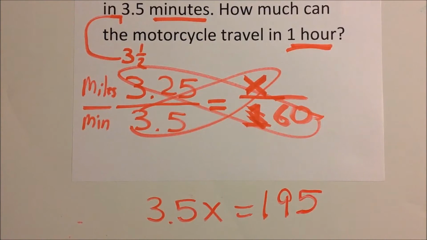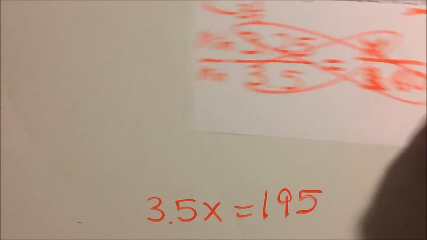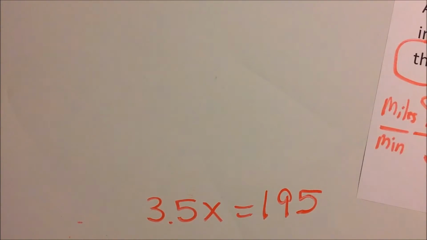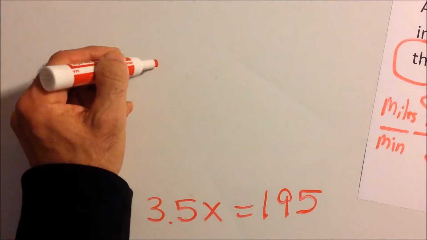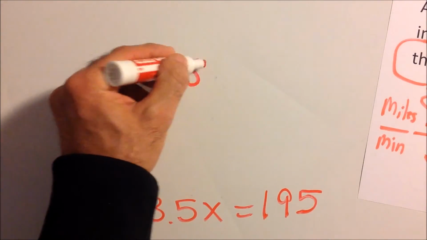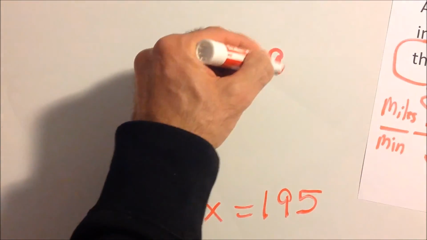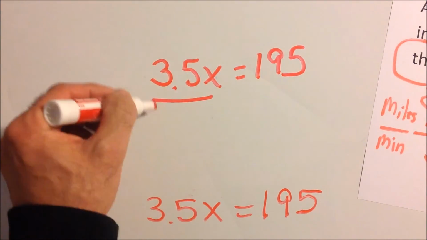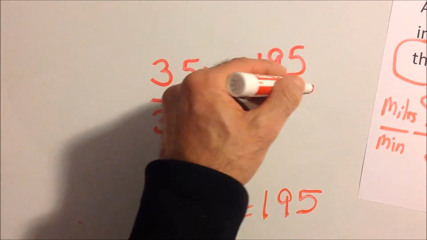What do we do next? We want to isolate the variable x. So let's rewrite this on top here so we can see it. We have 3.5x equals 195. We're going to divide 3.5 on both sides.